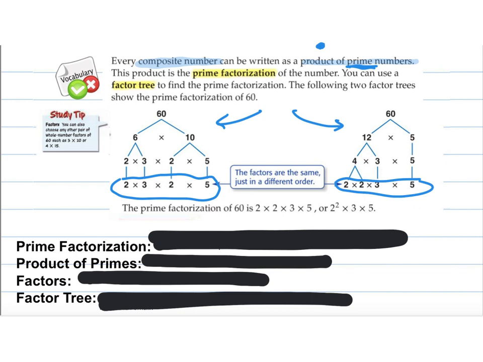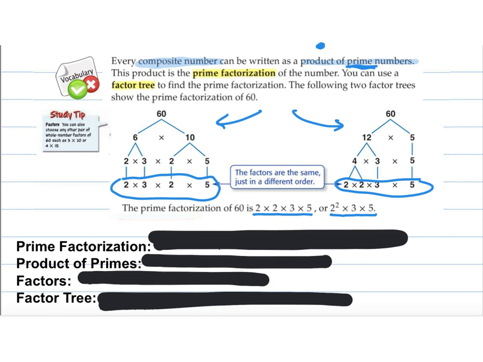But we are going to end with the same numbers. Notice they ended in a different order, but when we write it in prime factorization, we're going to list it from least to greatest, and then if there are multiples, we'll write those with exponents, that repeated multiplication. So you'll have some opportunities here to be unique, and your end result should be the same, even if you pick different factors than I do.